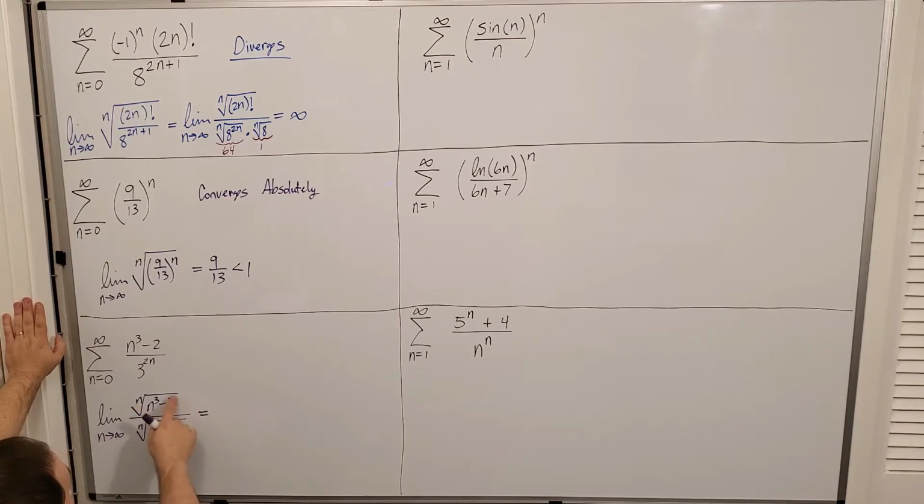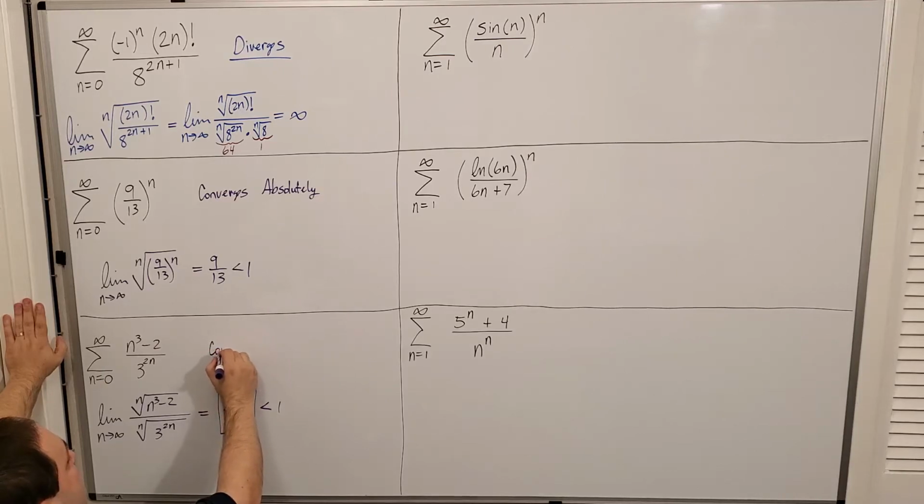According to our limits on the nth root of polynomial pieces, that's going to be 1. And then the nth root with the n power here is going to leave me with 3 squared, which is 9. So I'm getting 1/9 here, which is less than 1. So we can see converges absolutely.